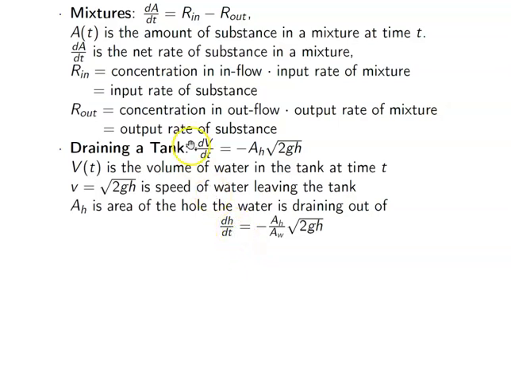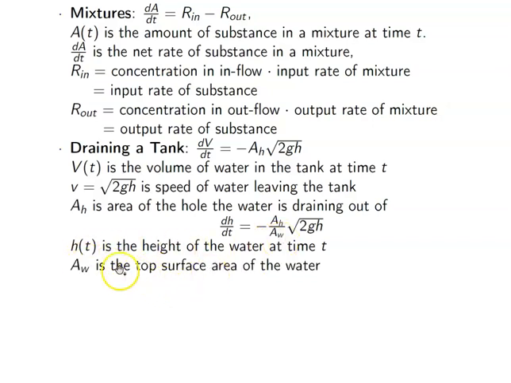So it should make sense that these are fairly similar and that the velocity of the water leaving the tank should be incorporated in both of those, okay? So here, basically what we're doing is we're really just dividing by the surface area of the top of the tank, right? So h of t is the height of the water at time t. A sub w is the top surface area of the water. Okay.